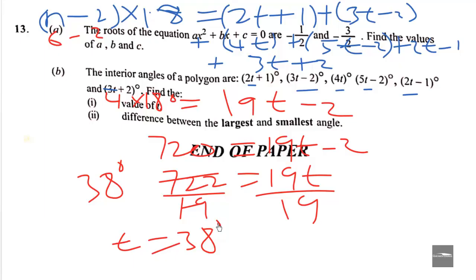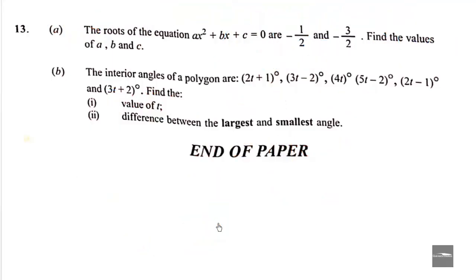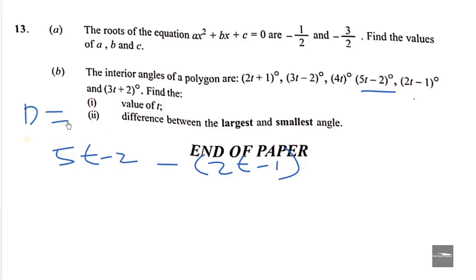We have to find the difference between the largest and smallest angle. So the largest angle will be 5t minus 2, minus the least angle, which will be 2t minus 1. And the difference will be equal to 3t, because 5t minus 2t gives us 3t, then we have minus 2 plus 1, so 3t minus 1.